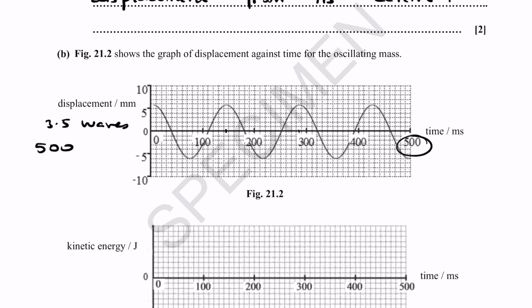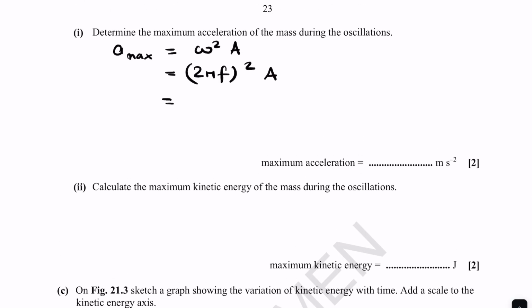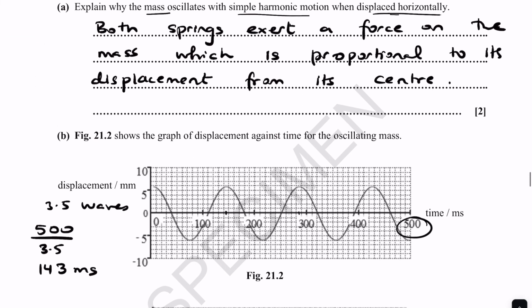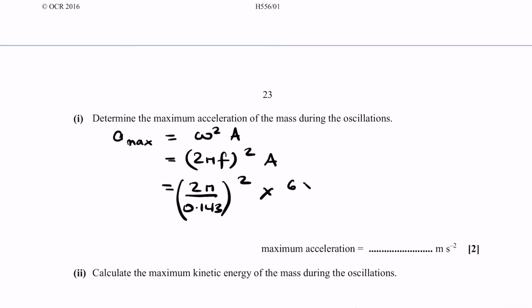I'm just going to leave it as milliseconds for now, and I end up getting 143 milliseconds as the time period. And so (2 pi over 0.143) squared times the amplitude, which I'm going to take as that point, so 6 millimeters, so 6 times 10 to the minus 3. And that will all give me 12 meters per second squared.